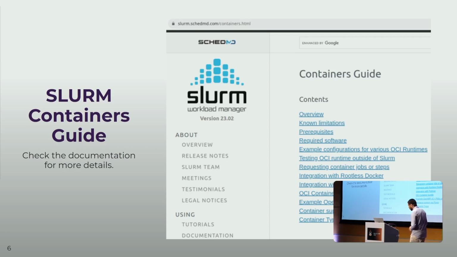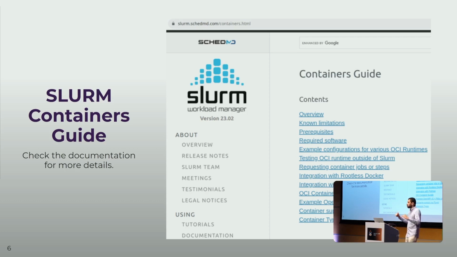Nowadays, we have this option in Slurm, scontainer, where you can configure. You have a specific file, oci.conf, and you can configure each one of those containers to call them and run them directly in your job script.